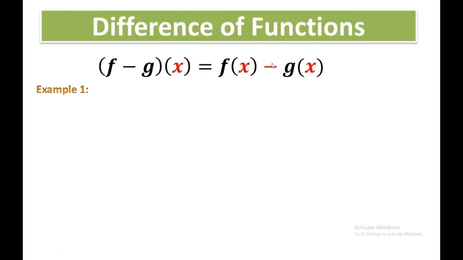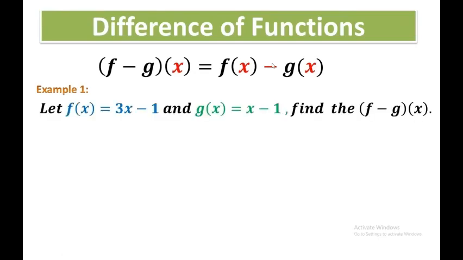So we need to subtract two given functions. Example number 1 for the difference of functions: let f of x be equivalent to 3x minus 1, and g of x be equivalent to x minus 1. We will find f minus g of x, or the difference of the two functions.